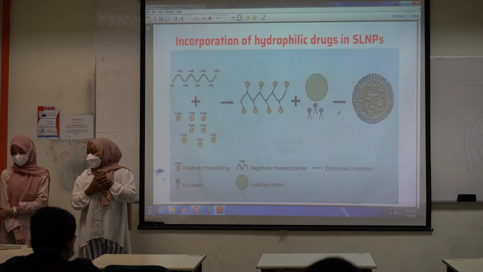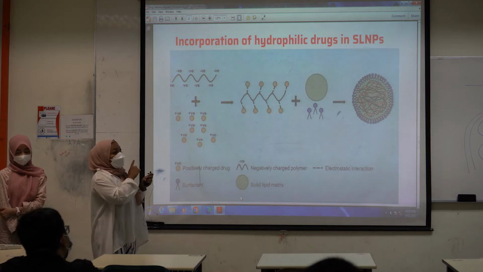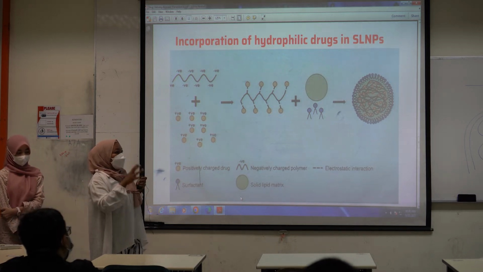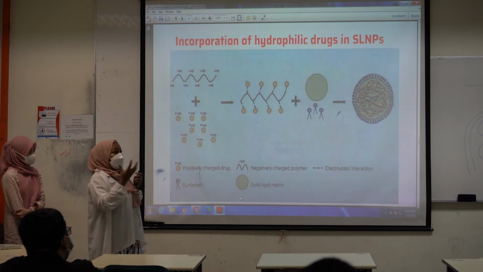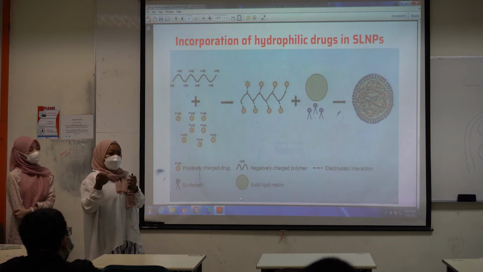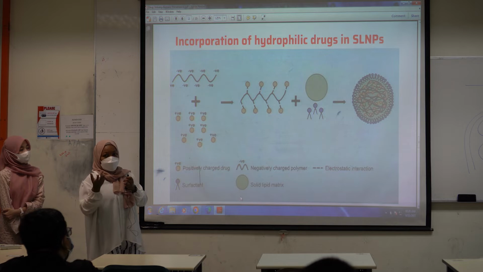Next. So the problem with the solid lipid nanoparticle is the core is solid. Because it's solid, it cannot incorporate soluble drugs.